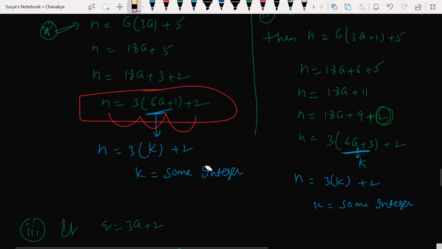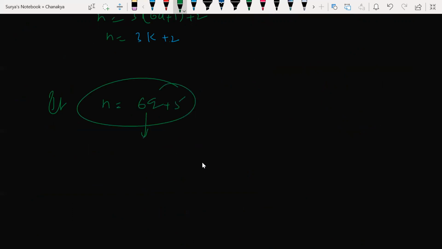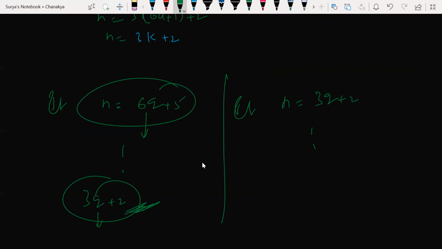I'll explain again. The meaning of the question is a very beautiful one. If the n value is 6q plus 5, it was satisfying 3q plus 2 very easily. But if n is equal to 3q plus 2, it is not necessary that you will get this form. Not necessarily.